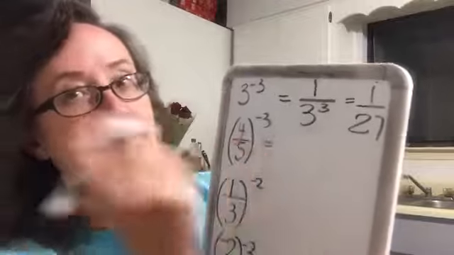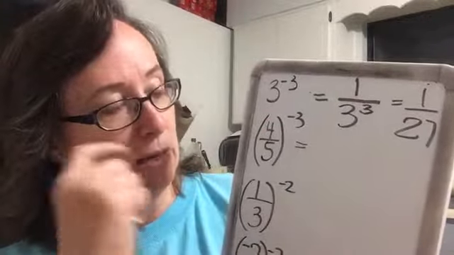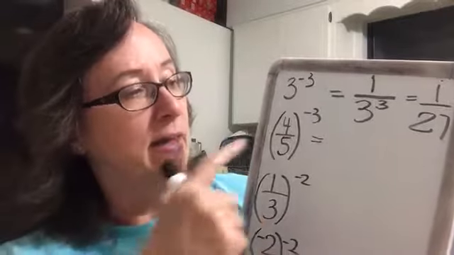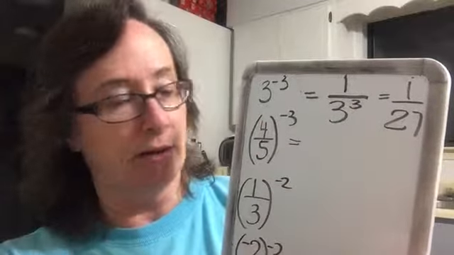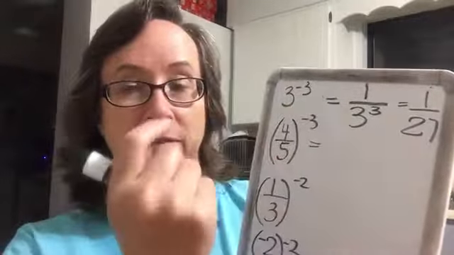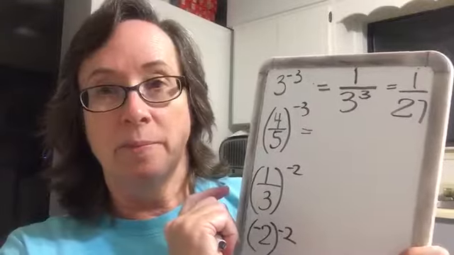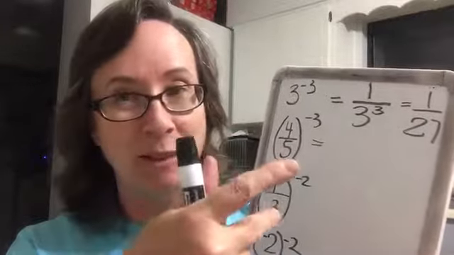On this one, I have another rule that I'm going to use. Basically, I can do this one 2 ways. The 4 to the negative 3 is going to have to go downstairs. The 5 to the negative 3 is going to have to go upstairs. To help this situation, I can turn both of them over.